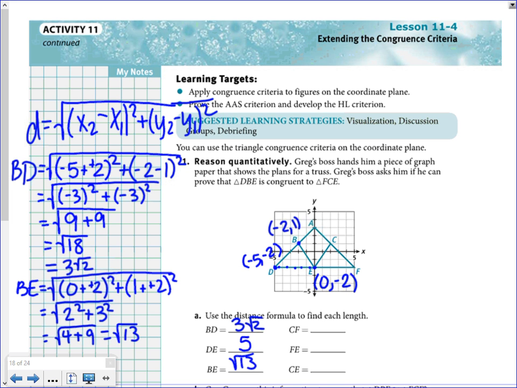And then, using the distance formula again for the other sides, you're going to end up with 3 square roots of 2, 5, and square root of 13. So you're going to do the same process there. I'm not going to work through all of them completely. I will tell you, C is the point 2, 1 and F is the point 5, -2. But you should end up getting the same lengths.